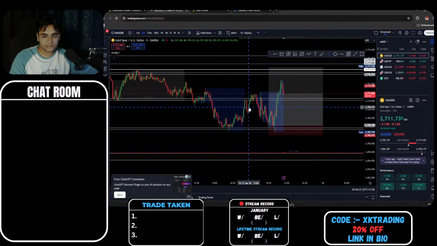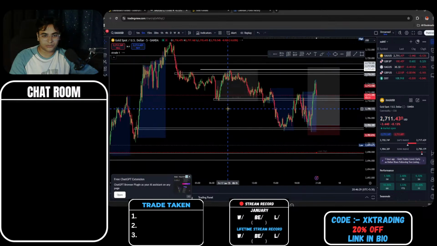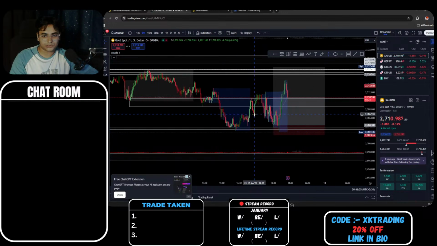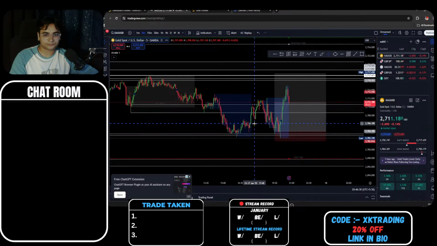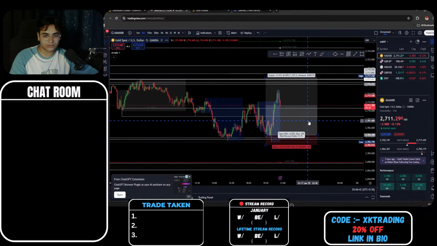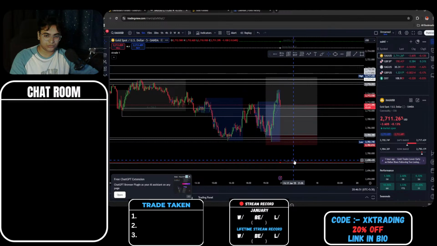Okay, so we could tap into the zone, and I think there's a high probability we will be, and this is also a rejection point for us. So I think as long as we are staying above 2708, we are good, right? Because I think that is enough for price to move up. But if we go below that, then I think price will continue going down. We're just taking out the London high then.